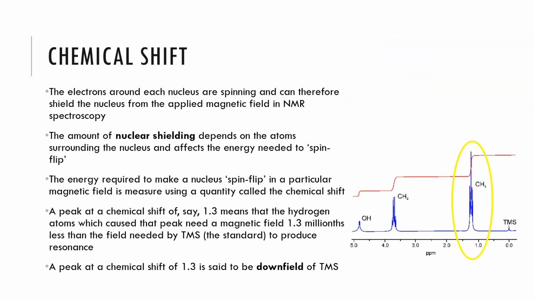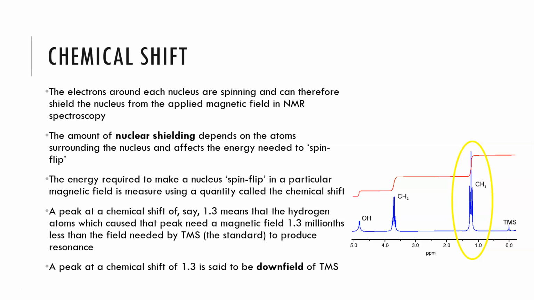So chemical shift is a property that we see dependent on the bonding environment of the protons that we're getting the signal from. Okay, so because each of these spinning nuclei have an inherent magnetic field, this will affect the magnetic fields of other atoms around them.